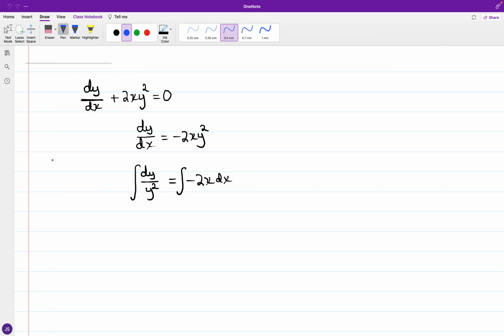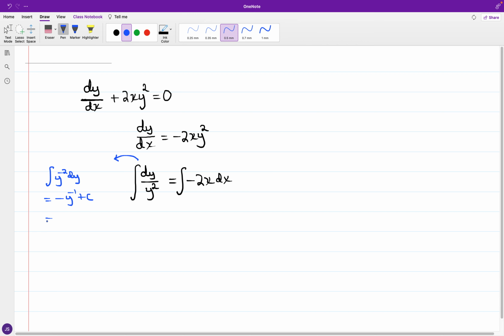And again, for the integral of dy over y squared, you can see we have y to the negative 2 dy. And the antiderivative, you will have the negative of the multiplicative inverse of y, followed by the constant, and say we have negative 1 over y.